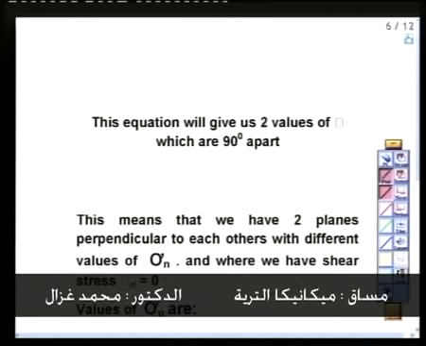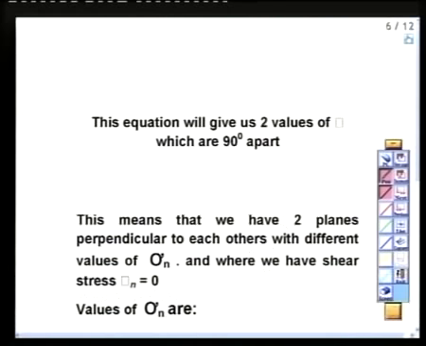This equation will give us 2 values, not 1. Why? Because the theta which gives tau equals 0 will be repeated every 90 degrees. Remember?